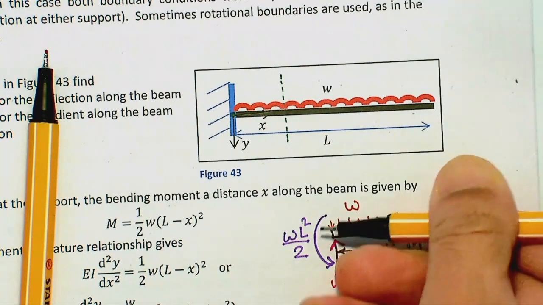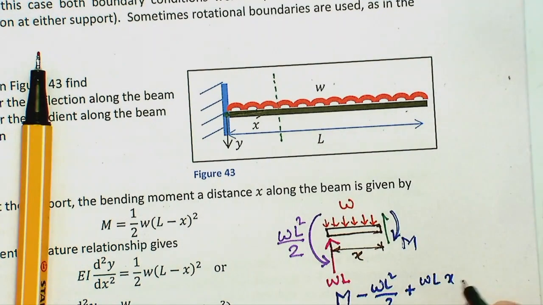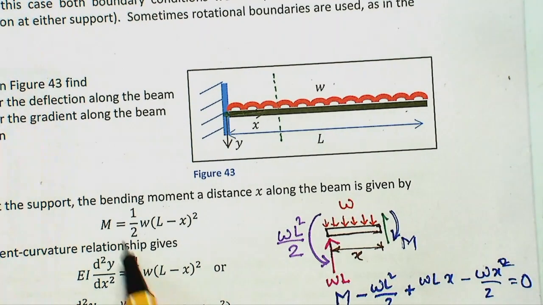This moment will create WL times x as a clockwise moment, so that would be plus WLx, and this moment would be anti-clockwise, minus Wx squared over 2, so that equals 0. If you do that, then you get M equal to that expression.